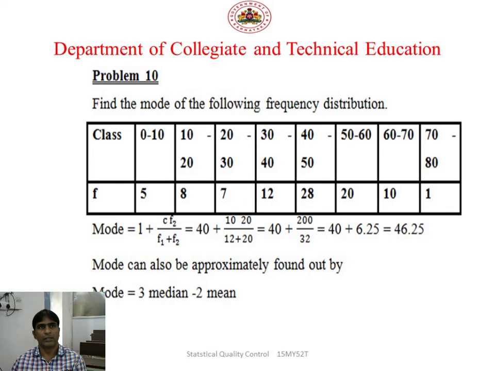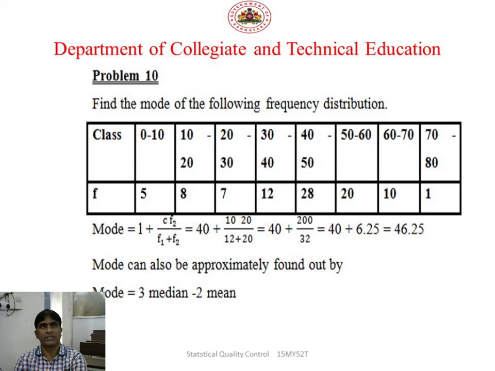Here, as I told you, mode is equal to L plus C into F2 divided by F1 plus F2. Here, mode is equal to L, the lower limit of the model class.